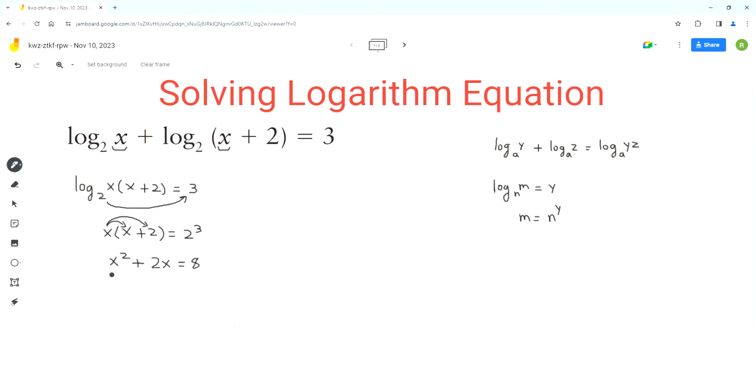Now we can see that this is a quadratic equation and it's a trinomial because none of these three terms are like terms. So we should set it equal to 0 and solve the equation. For that we should subtract 8 from both sides. The 8's on the right side cancel each other out. So we get x squared plus 2x minus 8 equals 0.